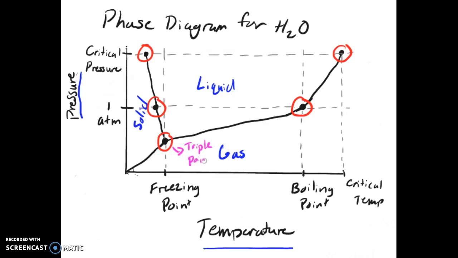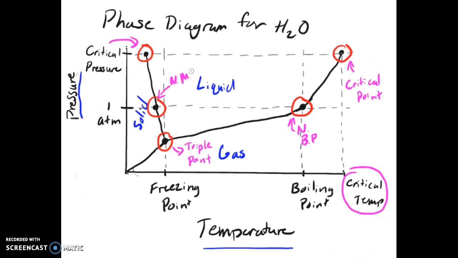Triple point, normal boiling point, critical point, critical pressure, also critical temperature, just circle it, and then normal melting point. So that's a lot of writing on this, but they all are pretty simple.